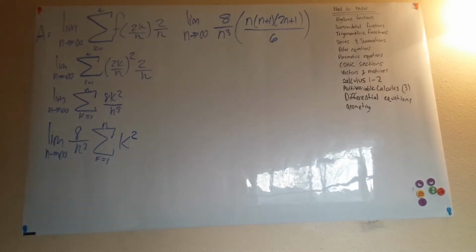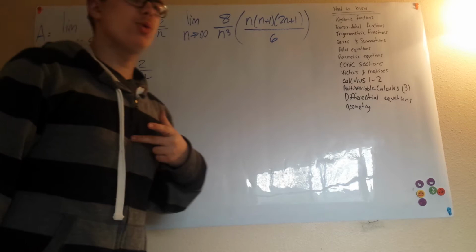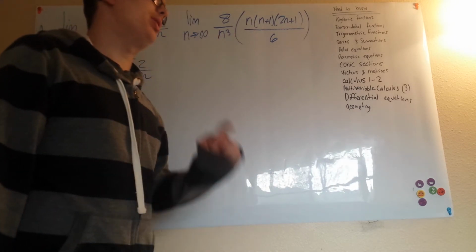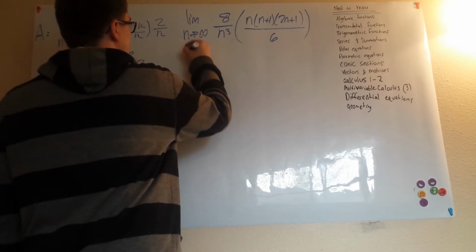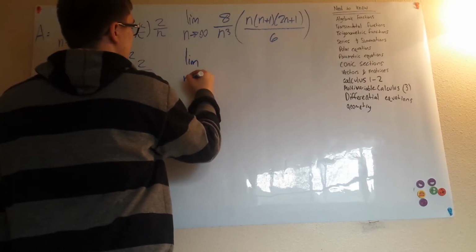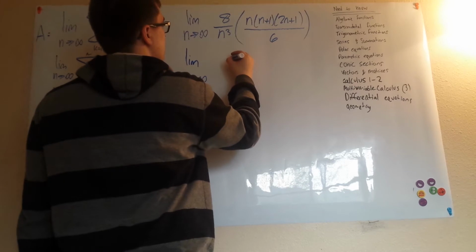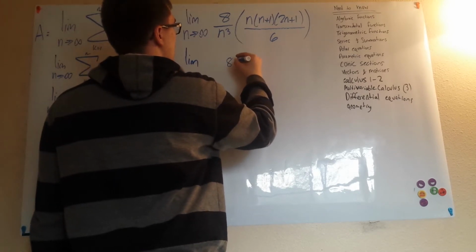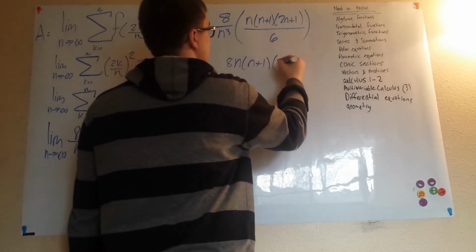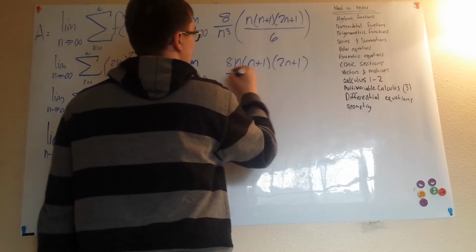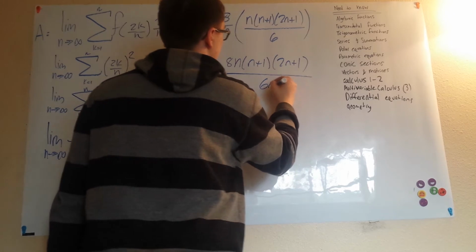Now, if I were me, I would just do this limit right now. But for you, it's kind of hard to know this. So if we simplify this a little bit, this is 8n times n plus 1 times 2n plus 1 over 6n to the third.